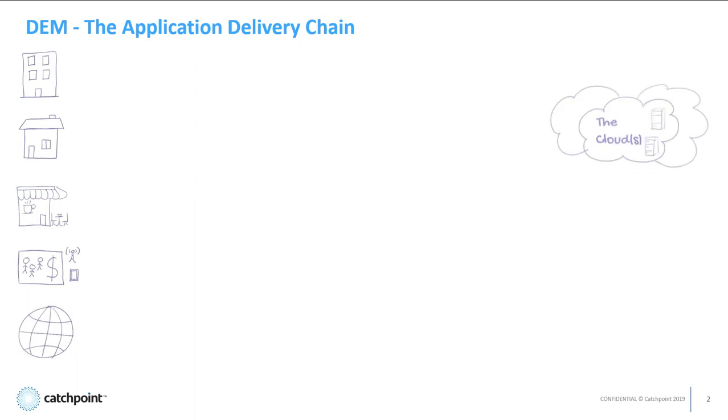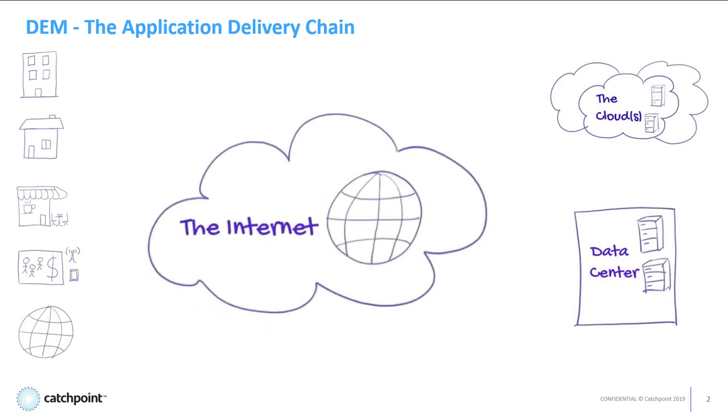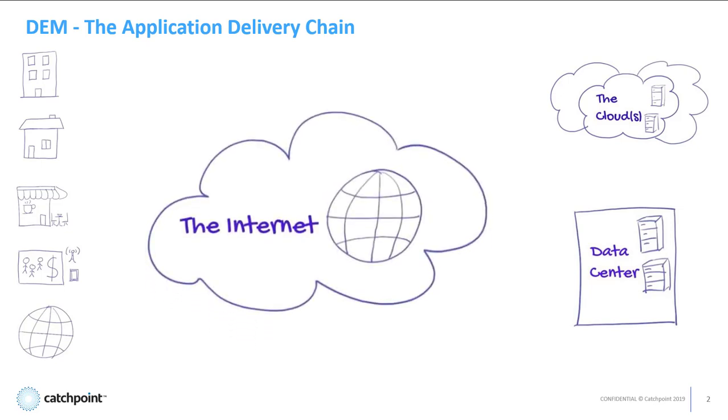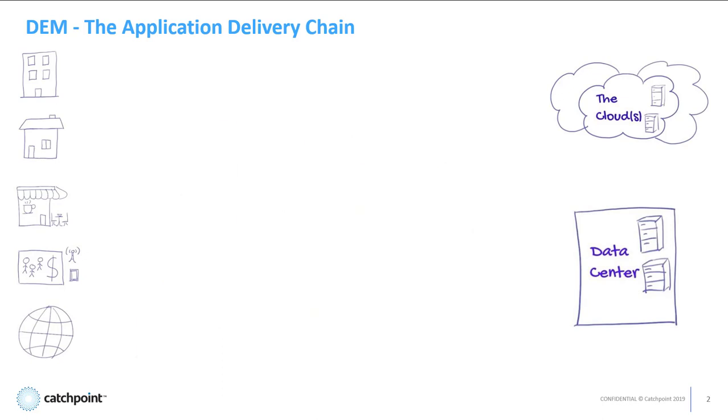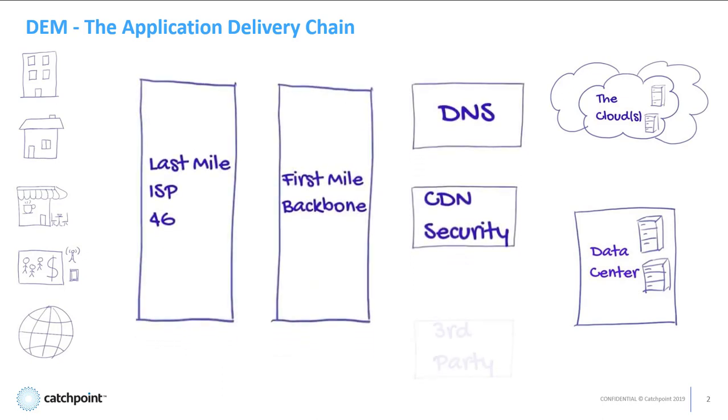And to get to your services located in the cloud and/or data centers, they must traverse the internet. Now remember, the internet is made up of many components, like the last mile, first mile, backbone providers, and add-on services like DNS, CDN, and security providers, and any third-party players. This is what we call the application delivery chain.